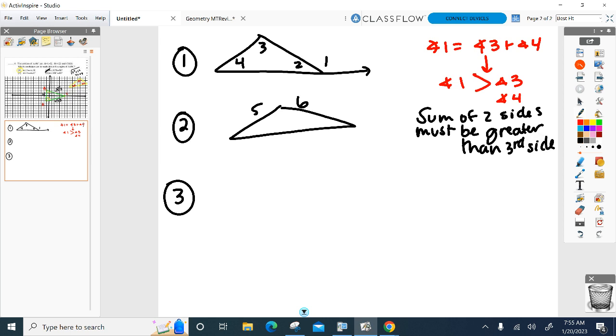Okay, sum of two sides must be greater than the third side. So, as Anna just said here, to find the third side, you subtract these two. I get 1. So that third side's going to be between 1 and 11, but not including 1 and 11. So I subtract them and add them.